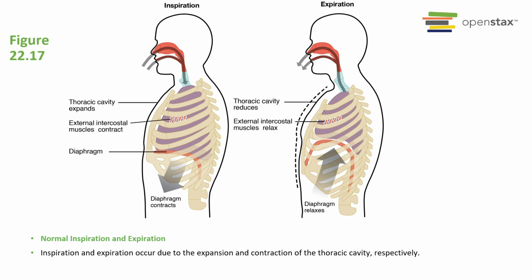And we also have the diaphragm. The external intercostal muscles are those small little muscles that exist between adjacent ribs, so you can see the small arrows highlighting where those muscles would be.